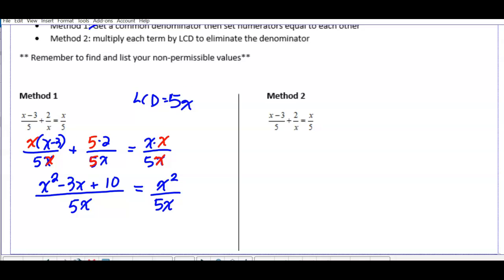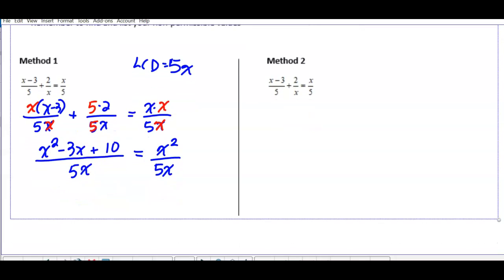So now, if these denominators are the same, there's one fraction here, one here, that means the numerators have to be the same. So I use the 3 dots in a triangle. That means therefore, x squared minus 3x plus 10 is equal to x squared. Okay, so if you get it down to a fraction on each side with the same denominator, then the numerators have to be equal to each other.